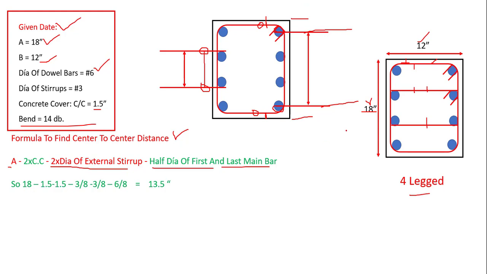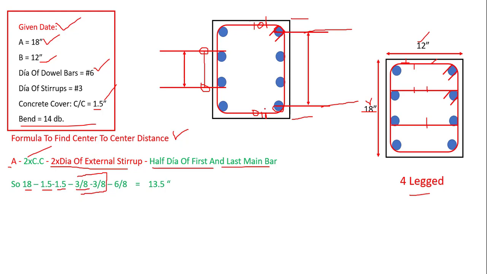We know A is equal to 18 inch. The outward dimension is 18 inch. Then we need to deduct a concrete cover from both ends, at this end and this end as well. So the concrete cover, as mentioned over here, is 1.5 inch at one end and 1.5 inch at the other end. Next we need to deduct the dia of the external stirrup at one end and the dia of the external stirrup at the other end. You can see over here we have deducted this one as well.